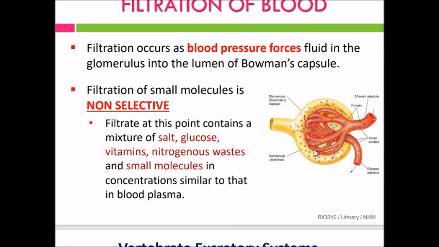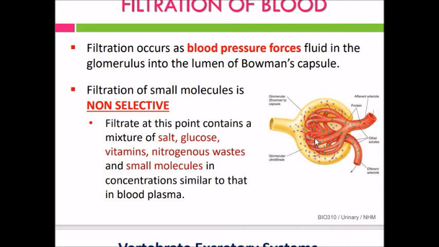The filtration of the fluid from the blood at the glomerulus is non-selective, but only for small molecules such as salt, glucose, vitamins, nitrogenous bases, and small molecules in a concentration similar to the blood plasma.